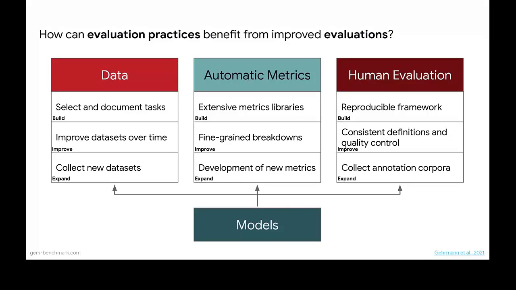And the final part to expand here is, what if we had this reproducible framework and we collected large annotation corpora that at the moment only really exist in machine translation because they've been running these human evaluations for over 10 years. And we use these large corpora to analyze and maybe even develop these new metrics.